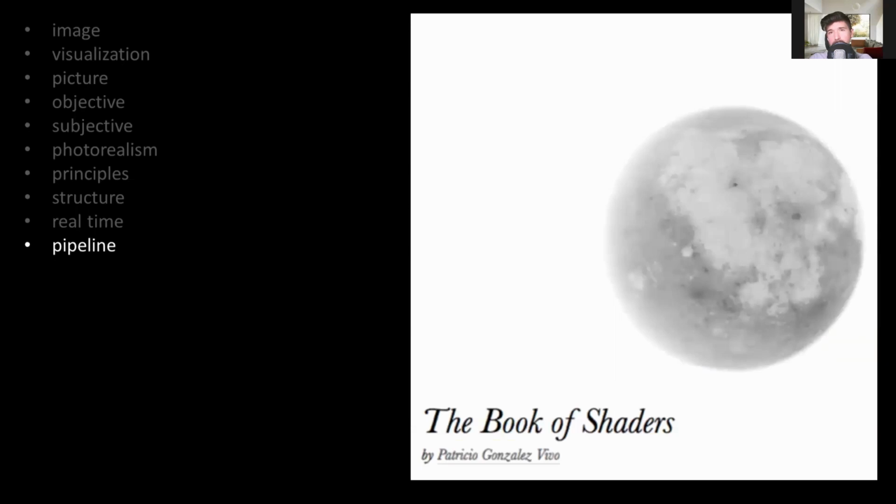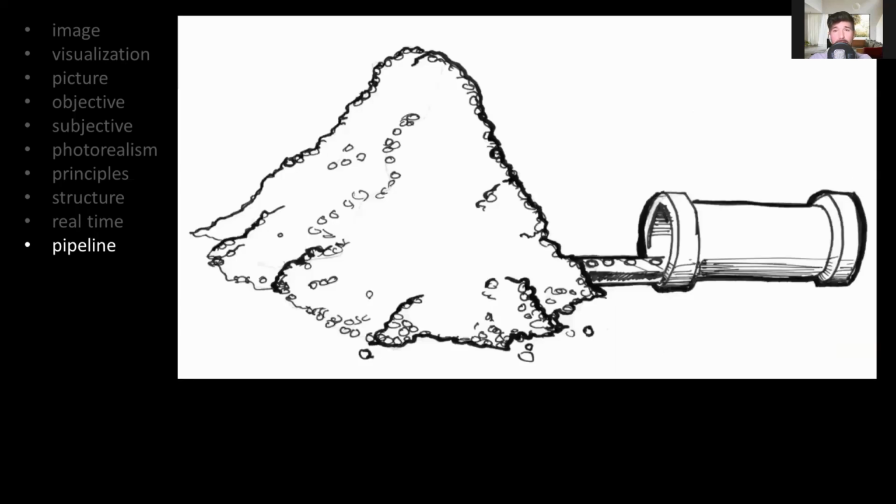So in order to understand this concept of the GPU being implemented within the graphics rendering pipeline, we can take a look at the Book of Shaders explanation, which is something like this. So you have the CPU, which is, as we said, a huge pipe which can take any amount of tasks, but it has to take it one step at a time. And it can do any task, but it has to be one step at a time.